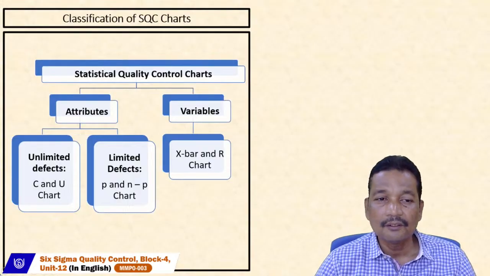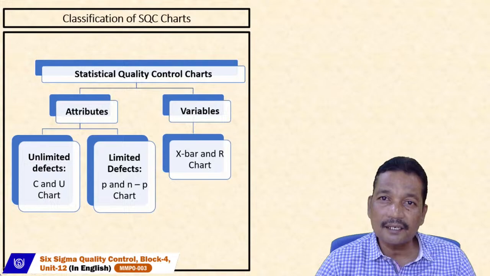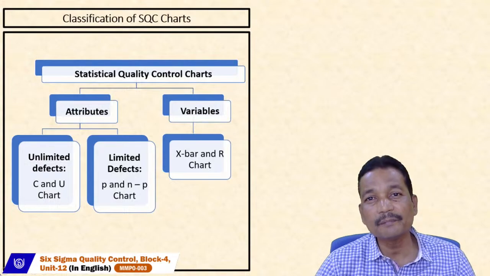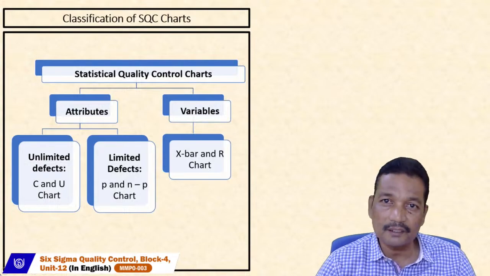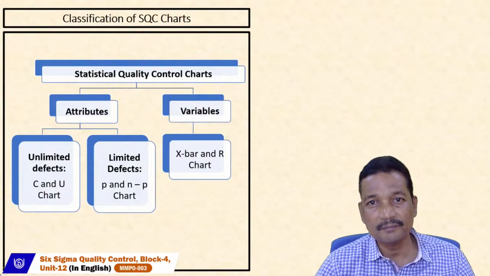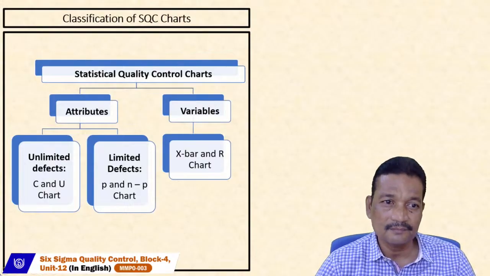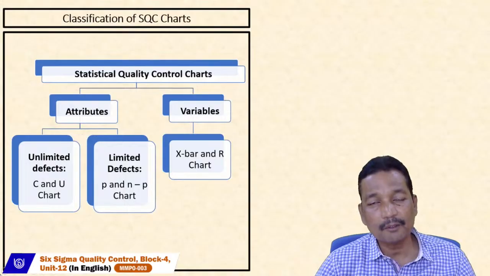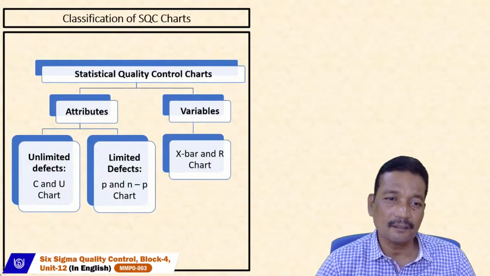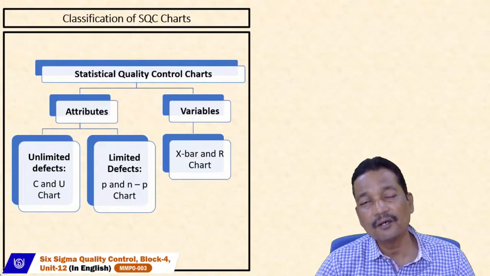Here the number of defects will be limited. Up to what number? 10, because we have 10 items. Similarly, we have other examples where the number of defects will be unlimited.